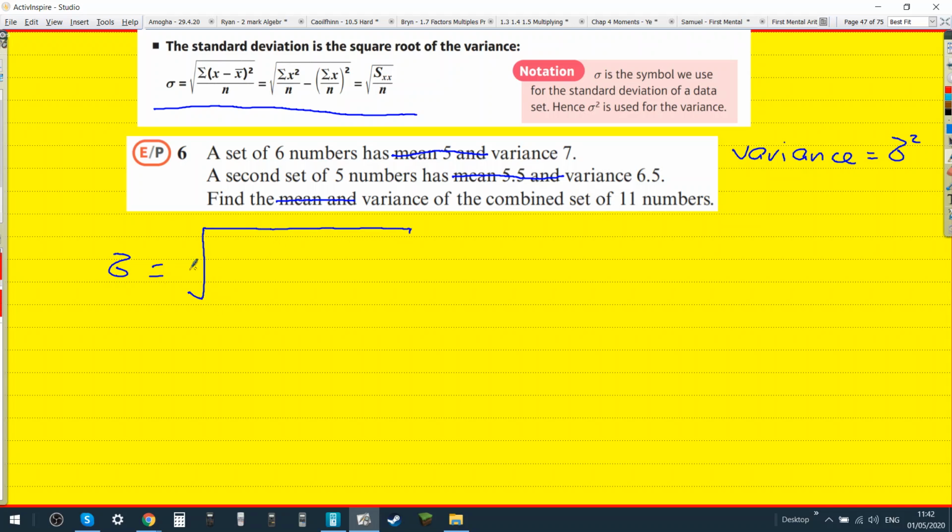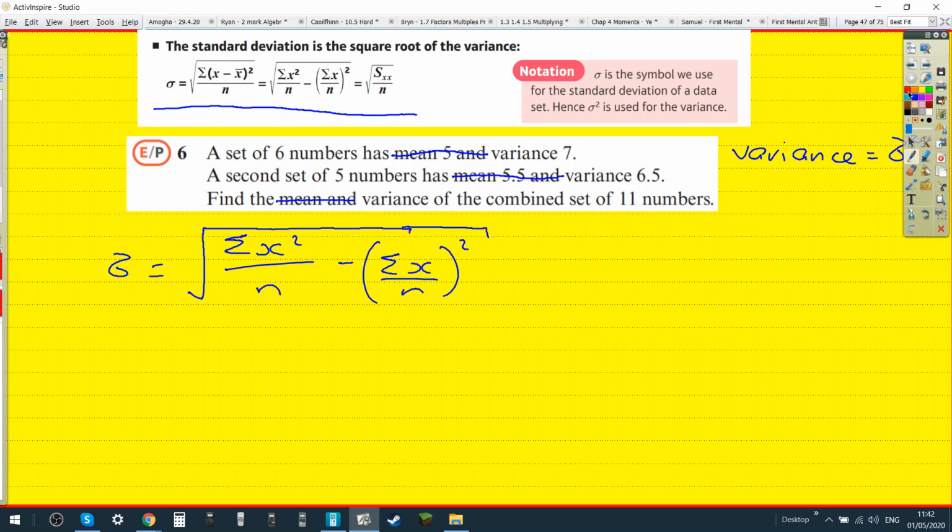So the standard deviation formula we've been using is the one in the middle: the square root of sigma x squared over n minus sigma x over n squared. So the first one is just where it comes from, and the third one is for summary data, Sxx. What if you squared both sides? What would you get? The square root sign goes. Yeah.